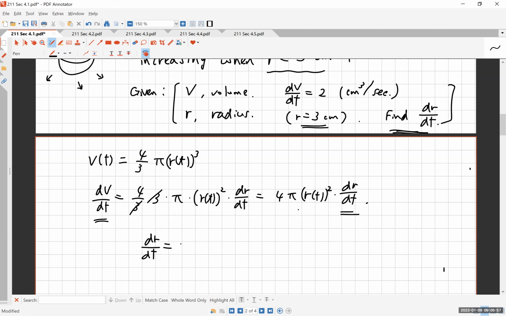All right, let me go ahead and write the equation, a general equation, not specific equation at that time, but a general equation for dr/dt. That is the left-hand side divided by 4 pi r squared, right? And you are given that the top is 2.